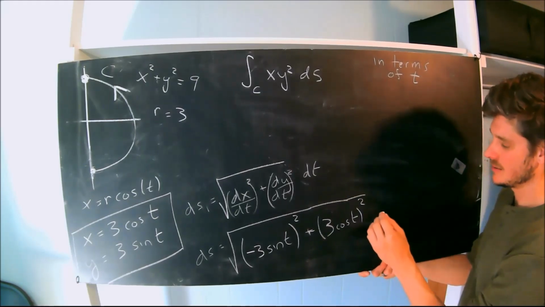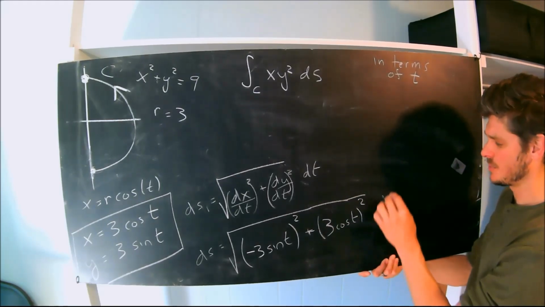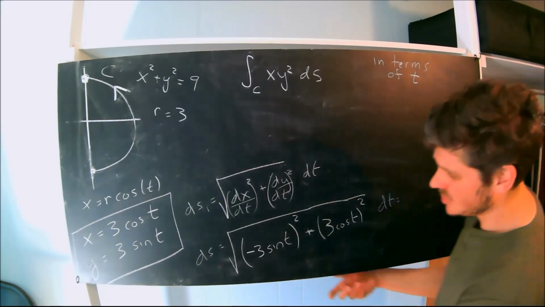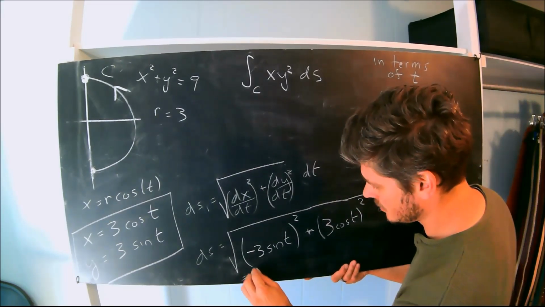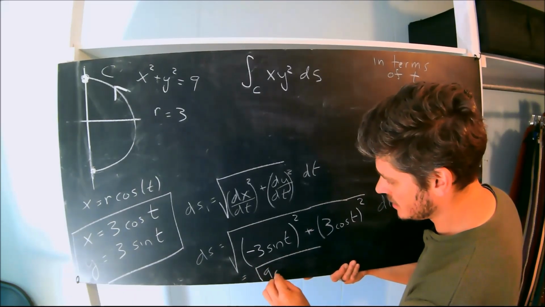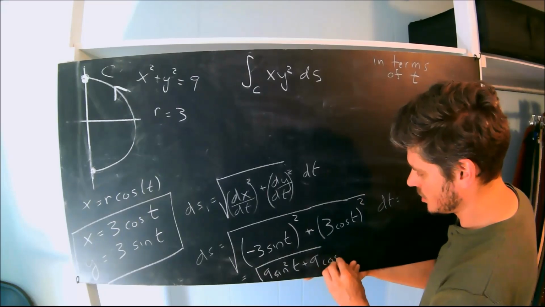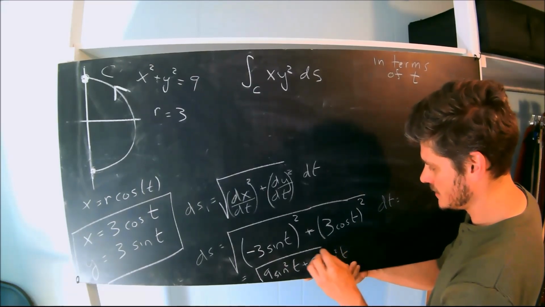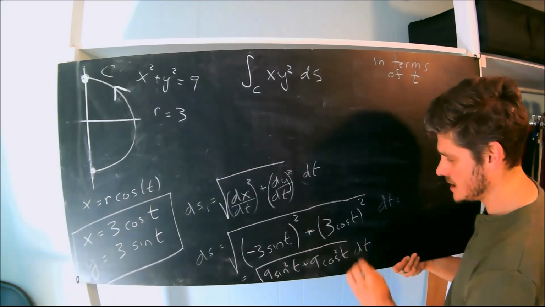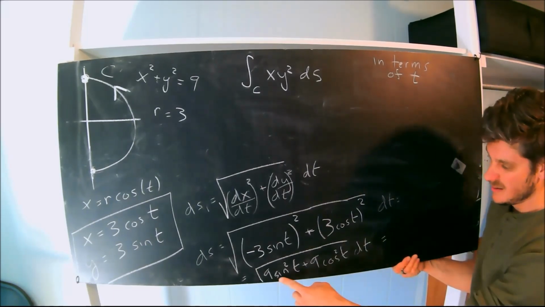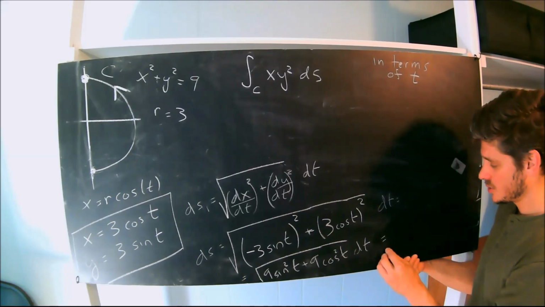And again, circles make this quite a bit nicer. So I should put my dt at the end. There. So this is going to become 9 sine squared t plus 9 cosine squared t, and then my dt. 9 and 9. Factor the 9.